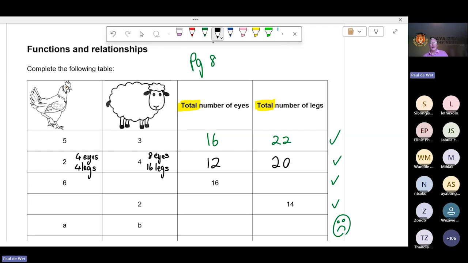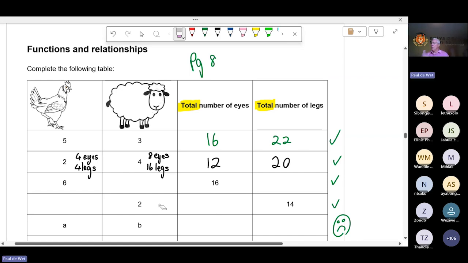Now, okay, now is where it gets slightly more interesting because now we don't know how many sheep there are. And I need you to work out for me how many sheep there are going to be if there's 16 eyes in total. I want you to think about how many sheep there are going to be. Well done, Sipiwe. I think Sipiwe is right.